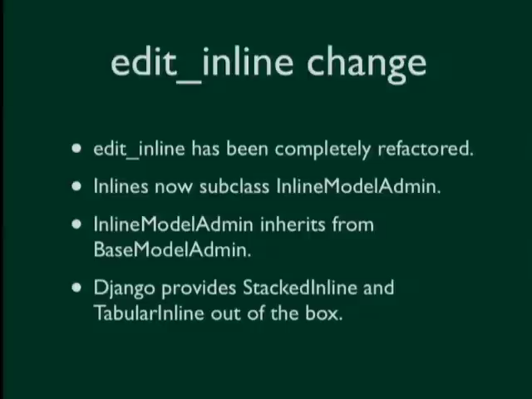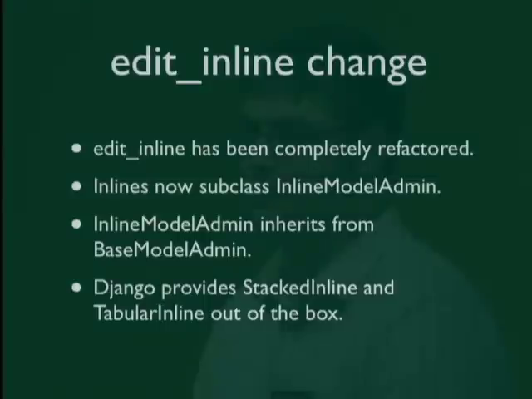Django provides a stacked inline and a tabular inline out of the box, which basically subclass the inline model admin and then define a template option. So you can control what template gets rendered in your inline, so you can change the behavior and the display of a particular inline as you see fit for your particular needs.